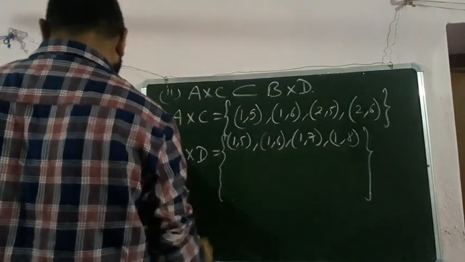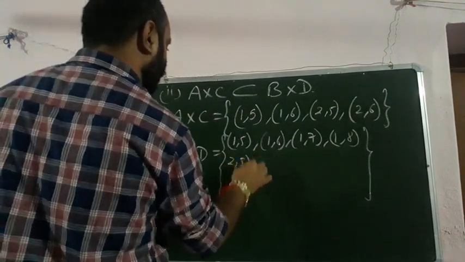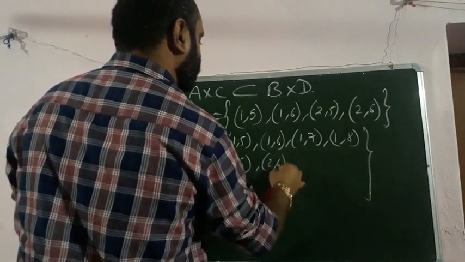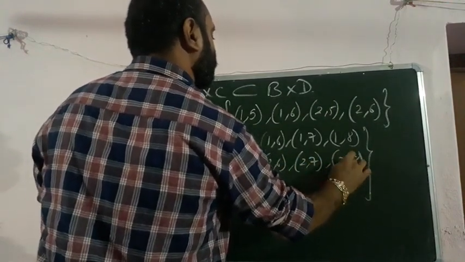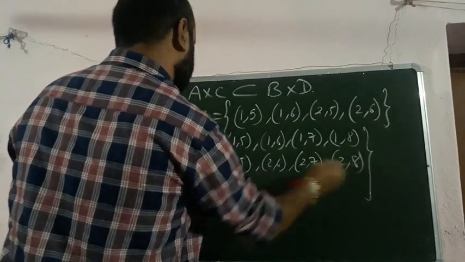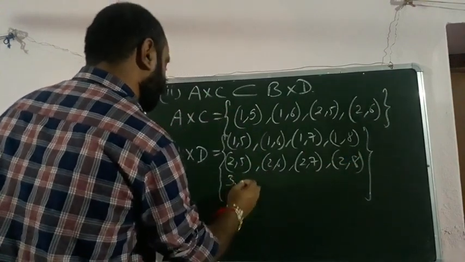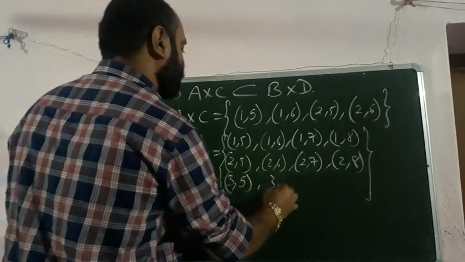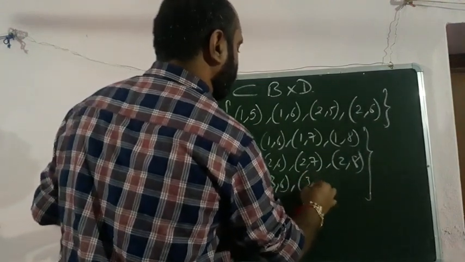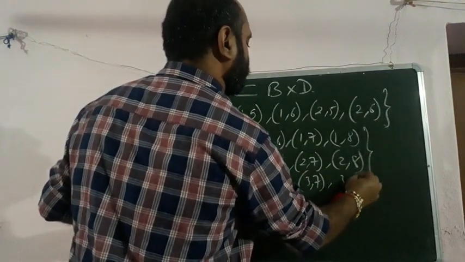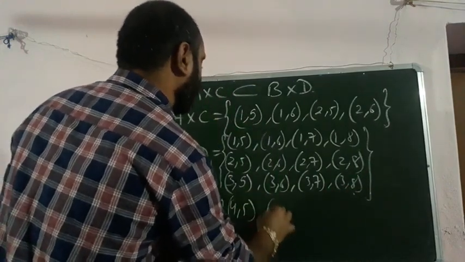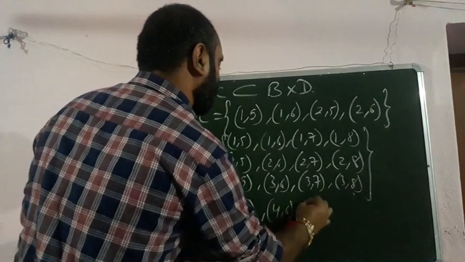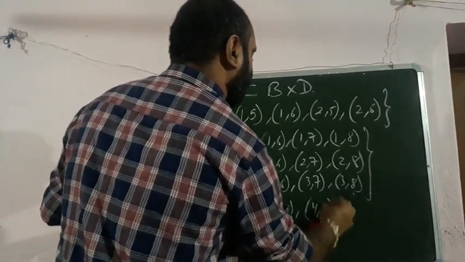Similarly with 2: 2 5, 2 6, 2 7, 2 8, then 3 5, 3 6, 3 7, 3 8, then 4 5, 4 6, 4 7, 4 8.